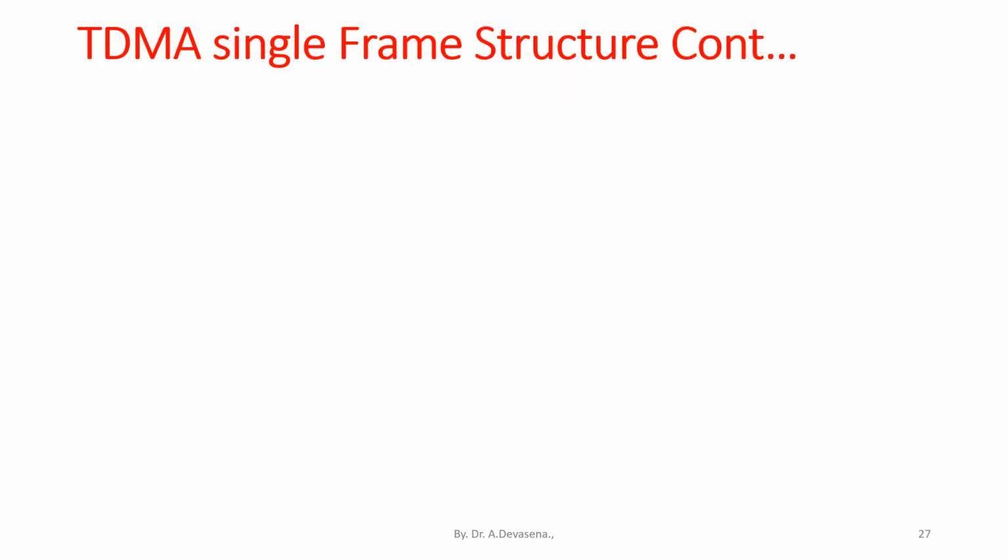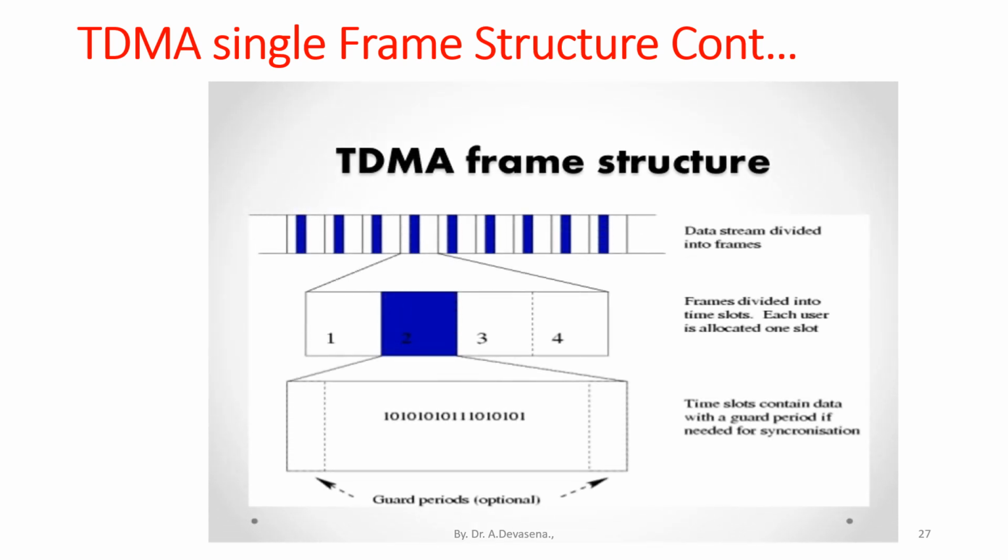Let us see the TDMA single frame structure. This is the representation of a TDMA frame structure. The data stream is divided into so many frames. Each frame is subdivided into time slots. Each user is allocated to one time slot.